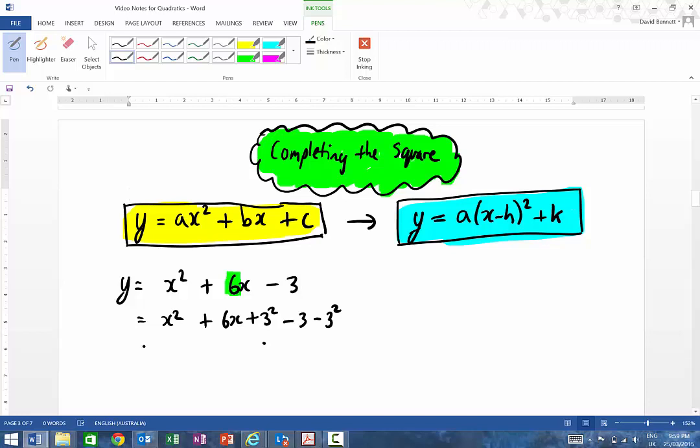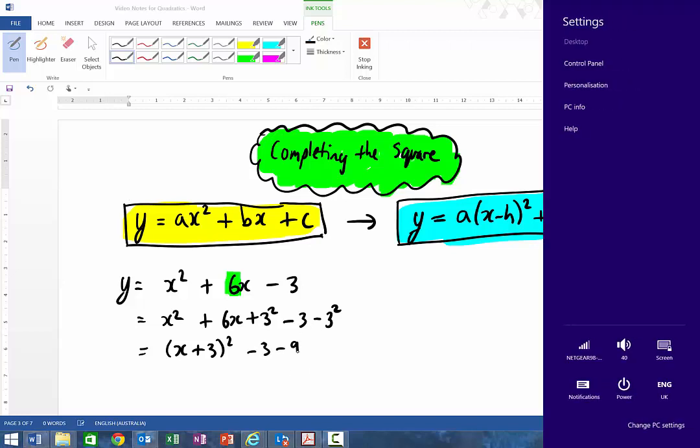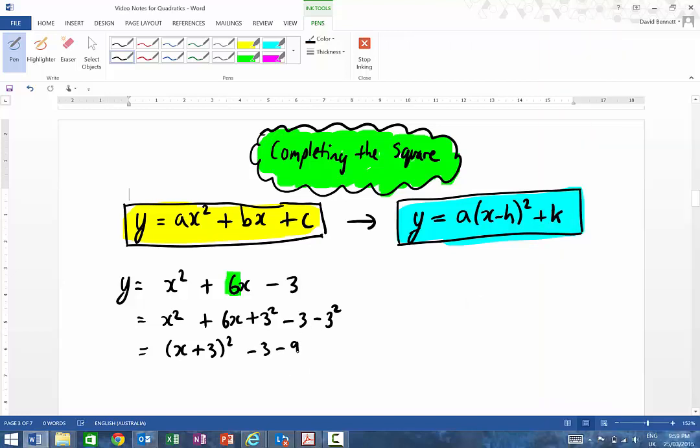Now, the key thing about this is I can write this over here as simply x plus 3 squared. Then that's going to be minus 3 squared, which is take 9. So therefore this becomes equal to simply x plus 3 squared take 12.